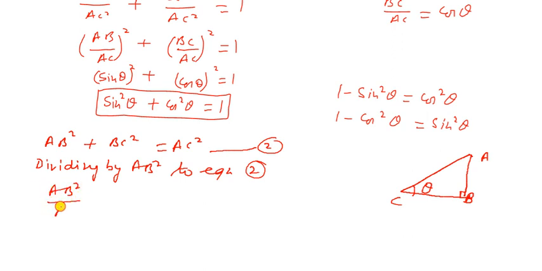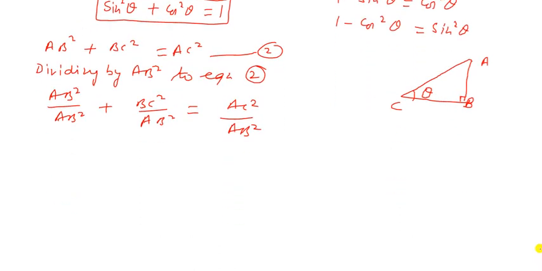It is AB squared upon AB squared plus BC squared upon AB squared is equal to AC squared upon AB squared. Now come to their result.